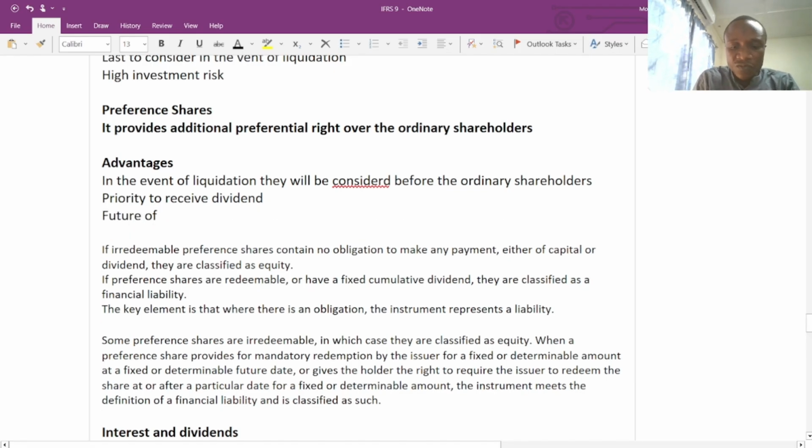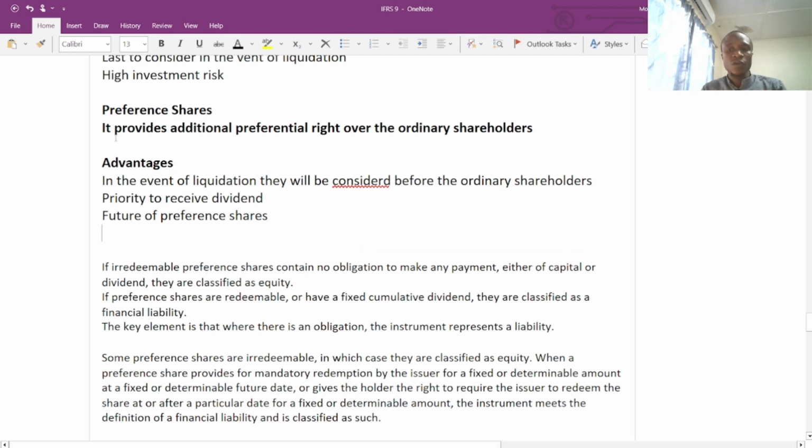Features of preference shares. One of the features is a fixed dividend rate. The dividend rate is fixed.